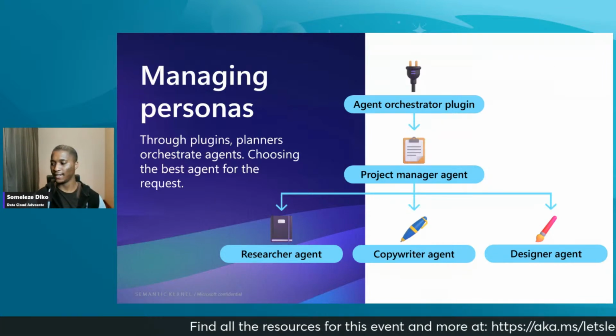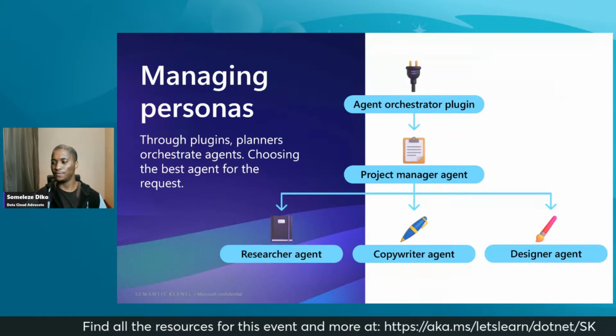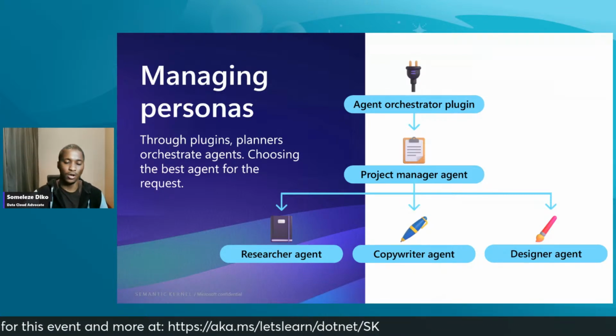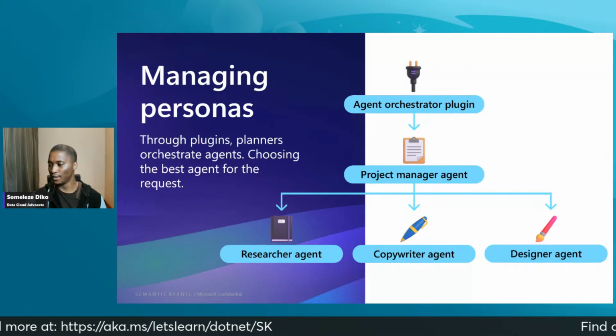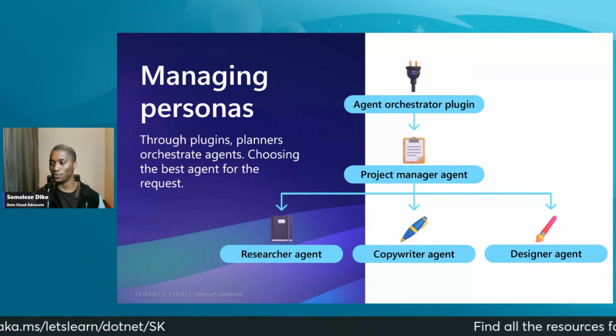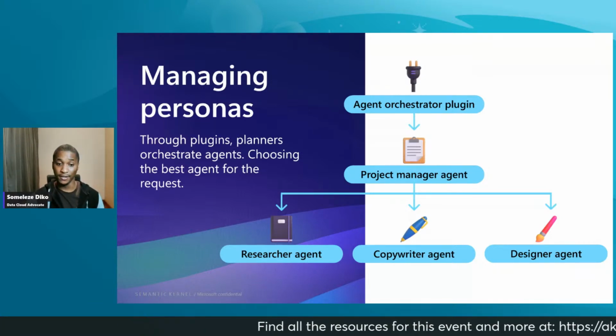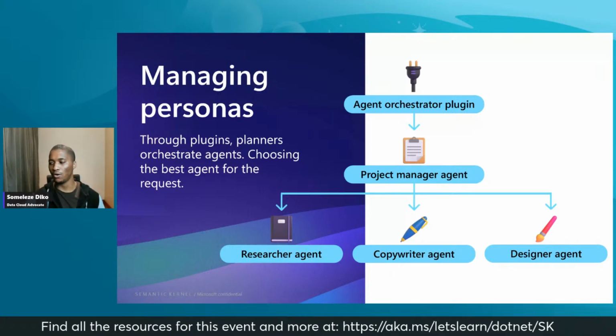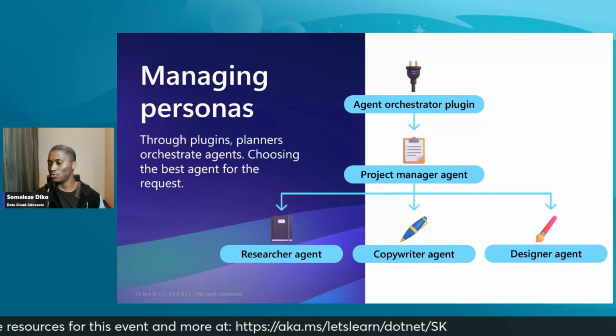But like I said, you will need to manage the personas because you need a way to call the right agent at the right time. So with plugins, you can have planners that orchestrate other agents. This means you can leverage the power of your plugins and planners to invoke the agent best suited for the request that you have.